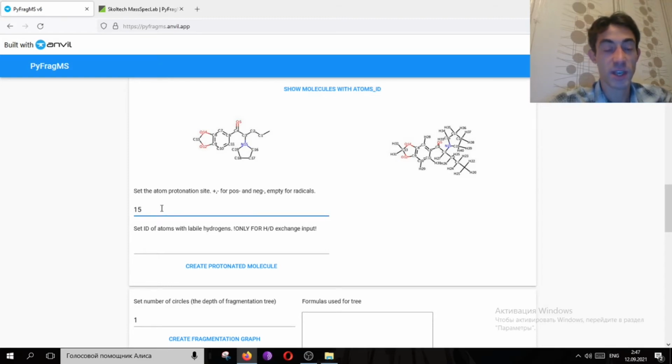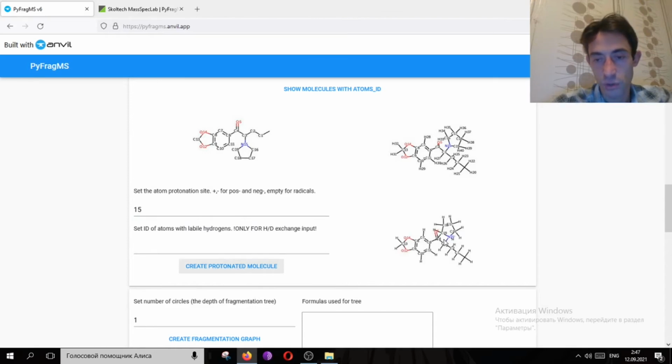For example, in this case, we are adding a proton to the atom with ID 15. This is nitrogen 15 here, and we press create protonated molecule, and you can see now that this atom is protonated. It's possible to protonate some other atom. For example, we can protonate an oxygen atom.